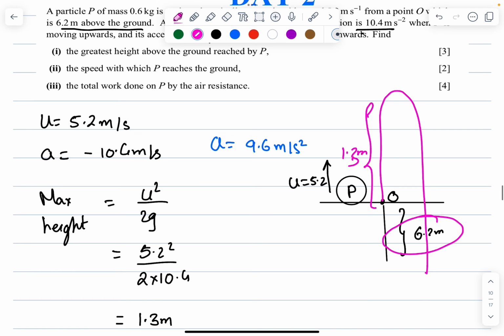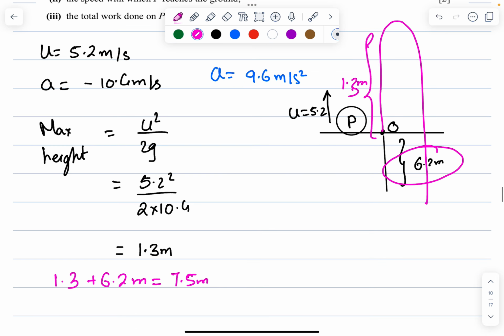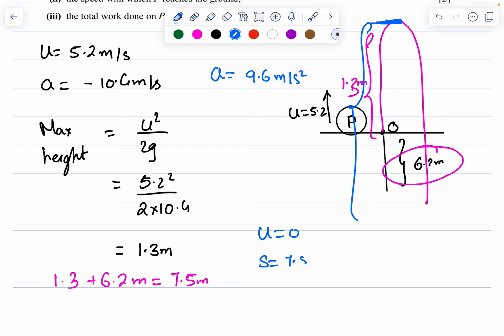The speed with which P reaches the ground. Now, for the downward journey, U equals 0, and it will be traveling a distance of 7.5 meters. V equals question mark, and acceleration equals 9.6.